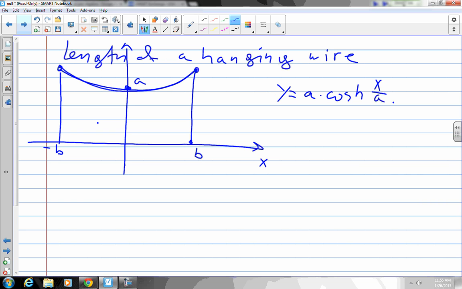Okay? So I want to find the length of this thing, in general. So again, by the symmetry, we're just going to do the length of half of that, and we're just going to double it, so we'll integrate from 0 to b, instead of going from negative b to b. And we'll set it up using the arc length formula.